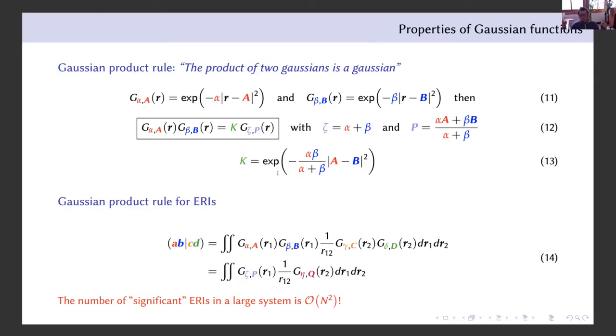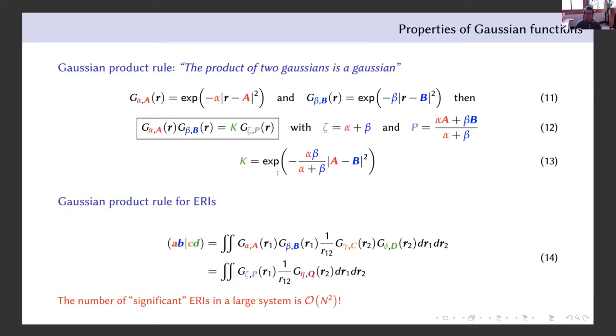It means that if I have two Gaussians far away, the product gives me another Gaussian, but with a prefactor that is very, very small and decays exponentially with the distance.